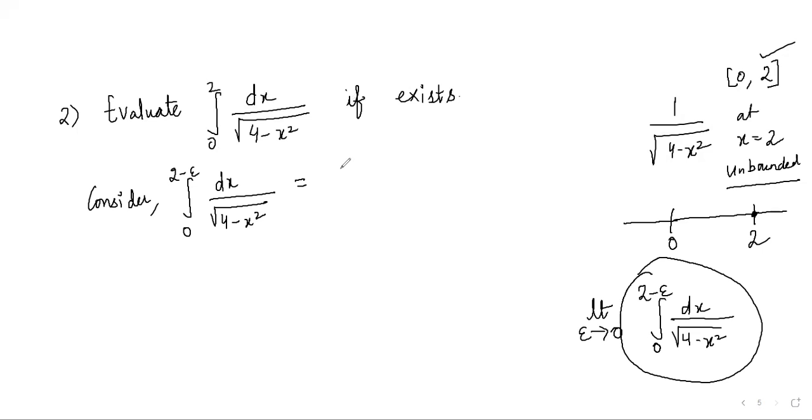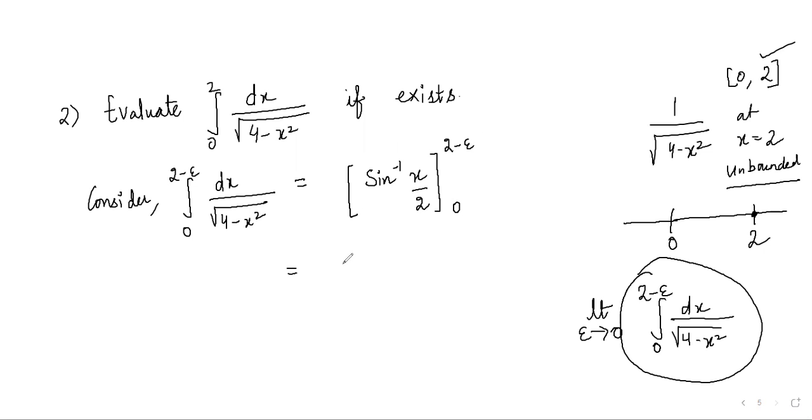So if I use that formula, it will become sine inverse x by a, where a is here 2, and the limits are from 0 to 2 minus epsilon.